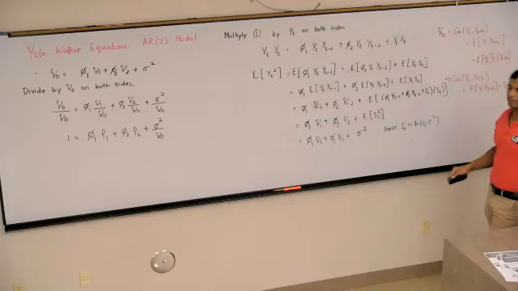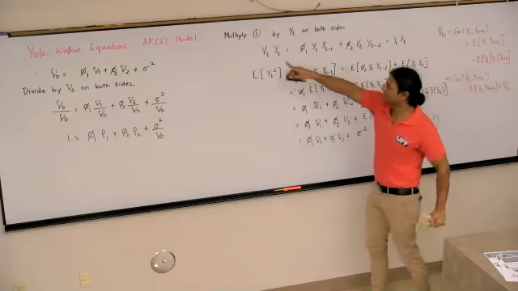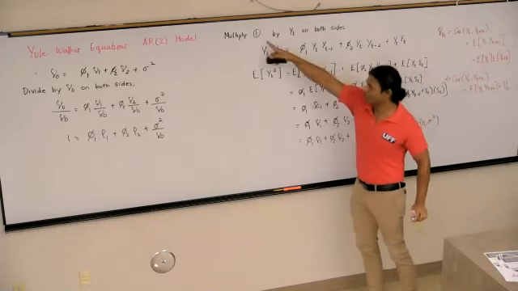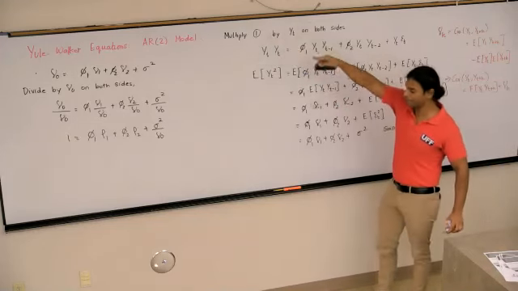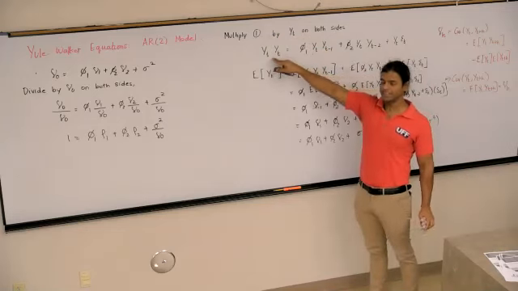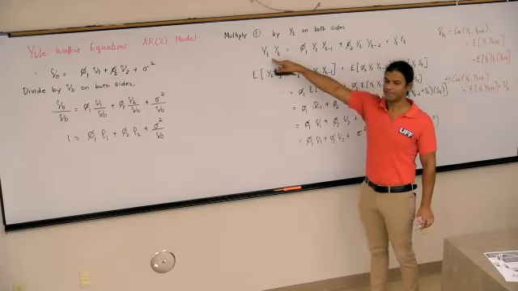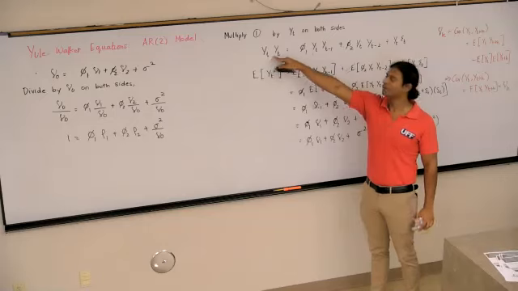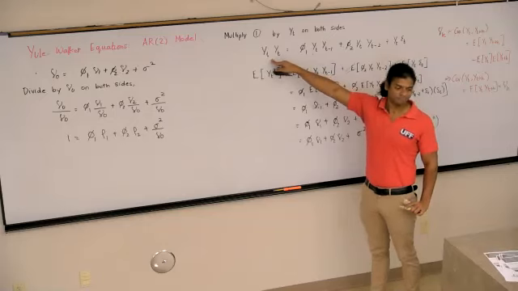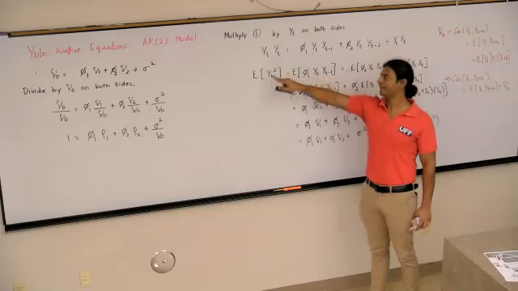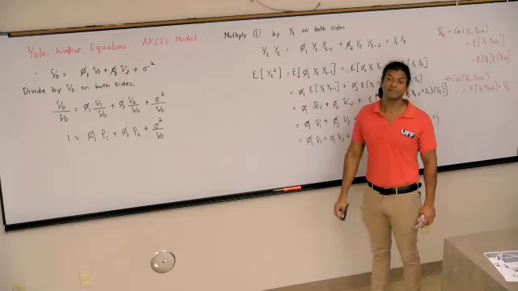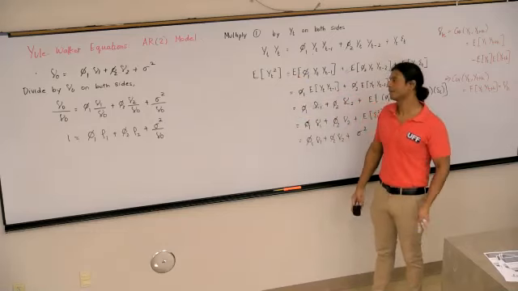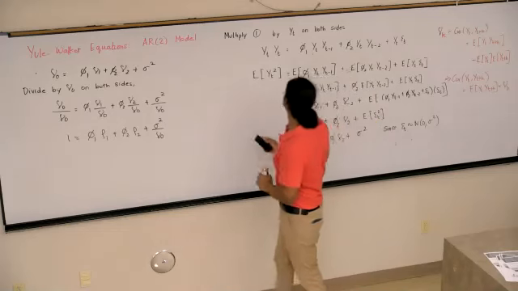We multiplied both sides of the AR2 equation by yt to get gamma naught. What should we multiply on both sides by in order to get gamma 1? Yt plus 1. Okay, yt plus 1.